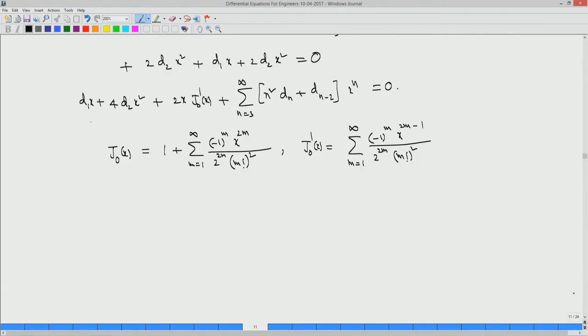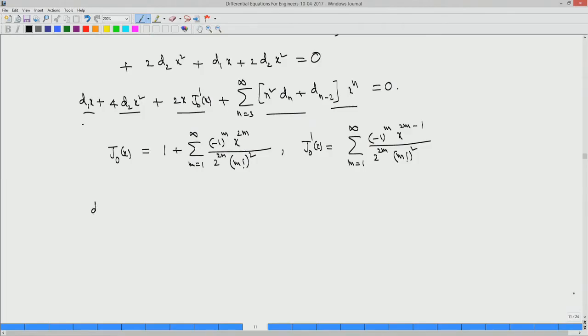You substitute J0' into the equation. This series starts from x onwards, x, x cubed, x^5 and so on, so J0' has only odd powers of x.